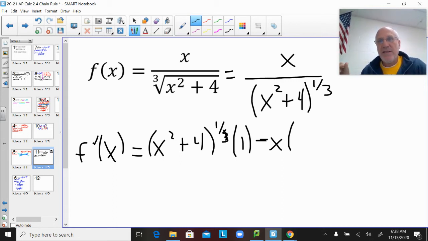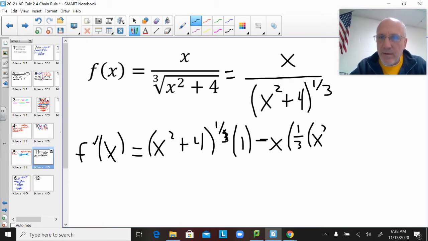The bottom is inside x squared plus 4, outside something to the 1/3 power. So the chain rule says outside derivative. The derivative of something to the 1/3 would be 1/3 times that same something, unchanged, to the, now I need a new exponent. I'm taking the exponent 1/3, I'm subtracting 1. 1/3 minus 1 is negative 2/3.